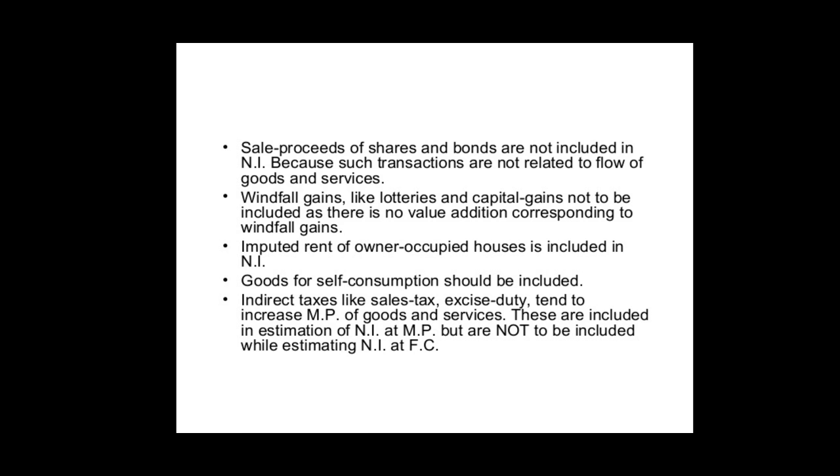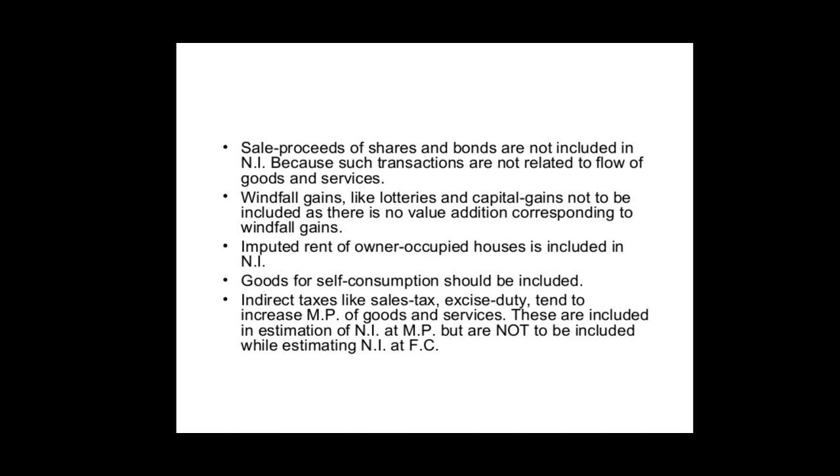Imputed rent of owner-occupied houses is included in national income, as these houses provide services to those who occupy them, and the value can be easily estimated from market value data. Goods for self-consumption, or we can say the value of production for self-consumption, must be included in the calculation of national income.